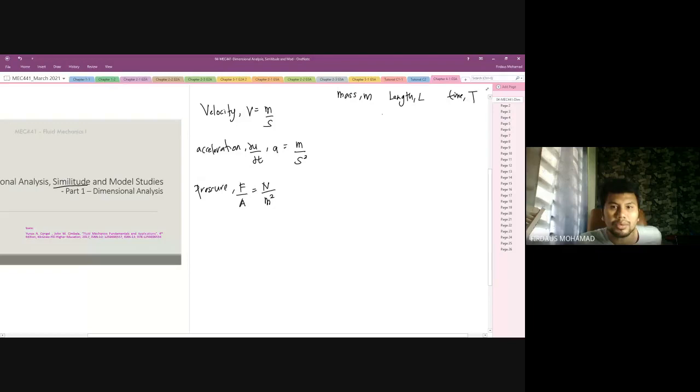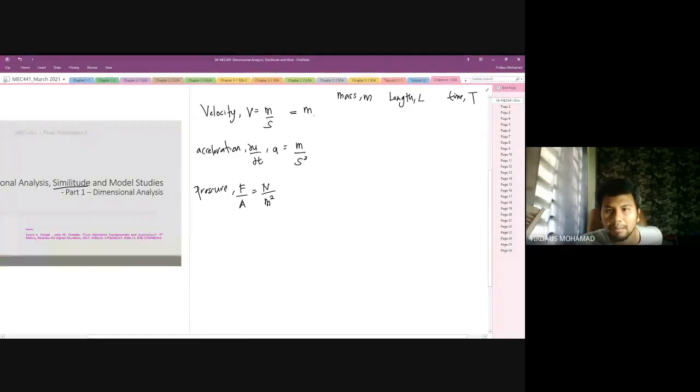So how do we apply mass, length, and time in this dimensional and similitude study? For example, velocity, meter over second. In similitude and dimensional study, second is time.